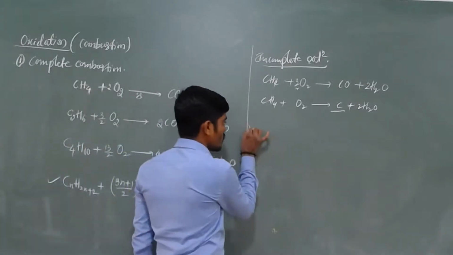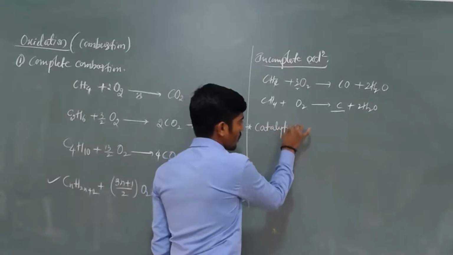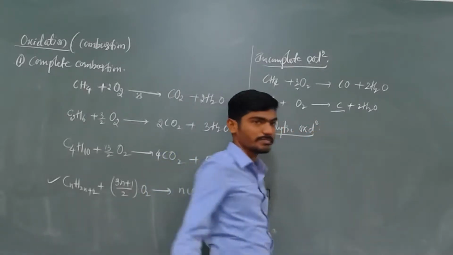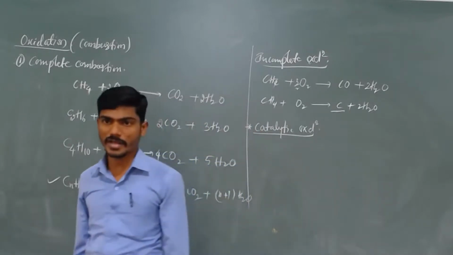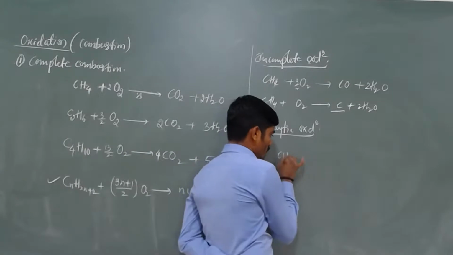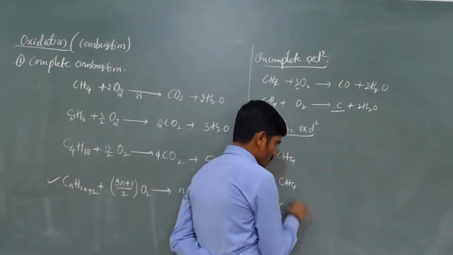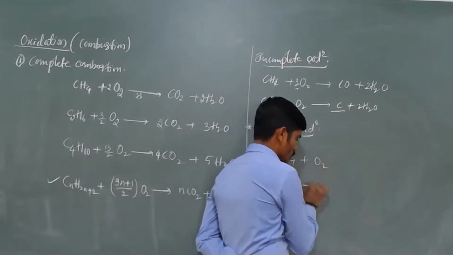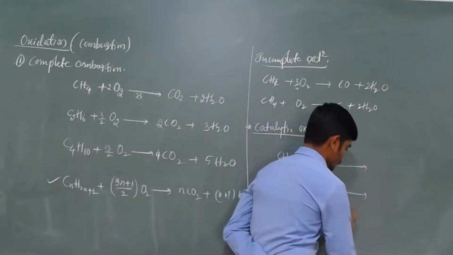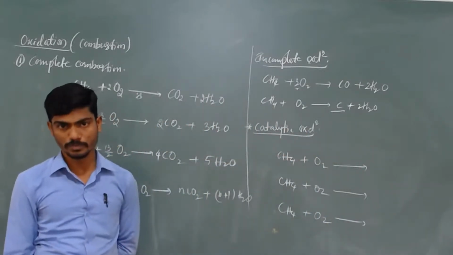Now the third one is catalytic oxidation. This is the important one. Here, methane undergoes oxidation, CH4 plus O2.